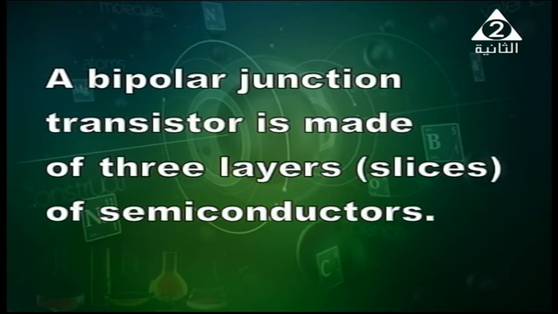Well, it is made of three layers, three slices of semiconductors. A bipolar junction transistor is made of three layers of extrinsic semiconductors. Extrinsic semiconductors means they contain impurities.